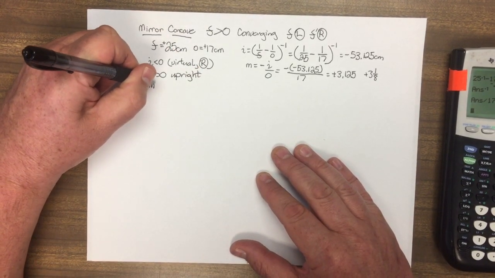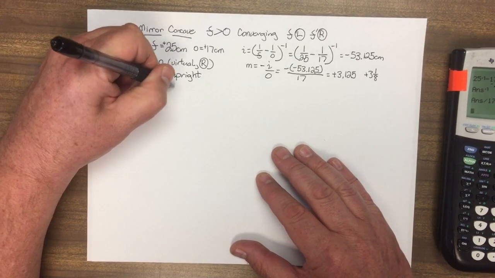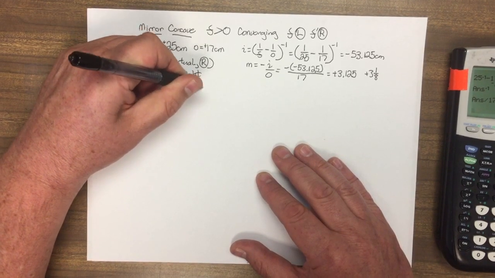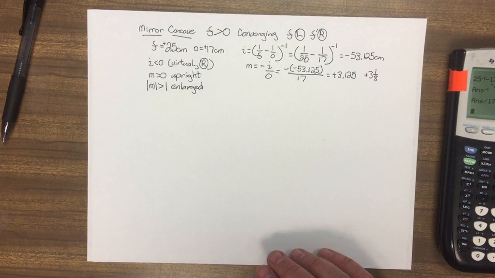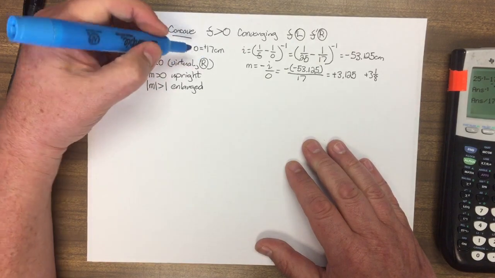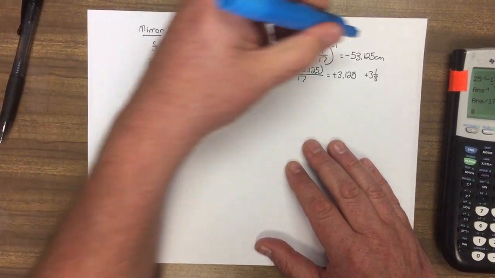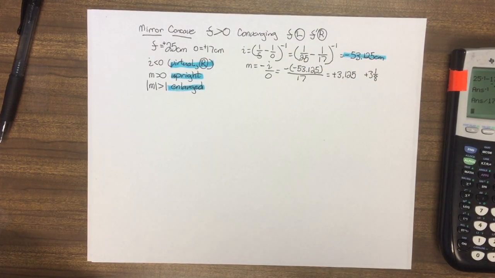The magnification magnitude is greater than 1, so it has been enlarged. So our key values: virtual, to the right, upright, enlarged, image distance of that. That's a lot of the information that we need.